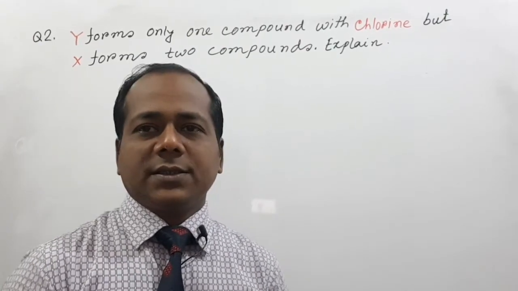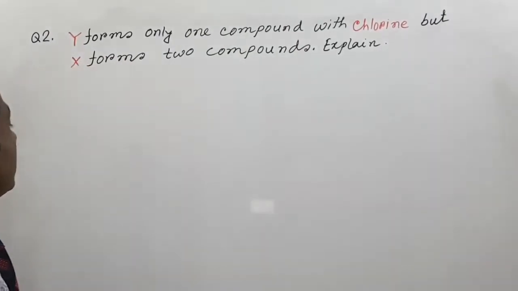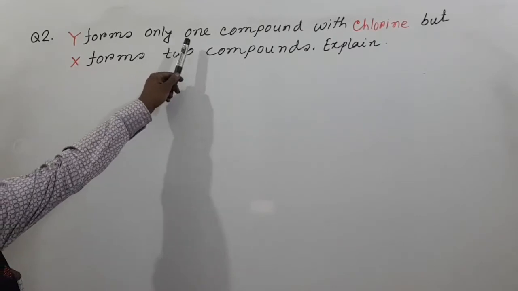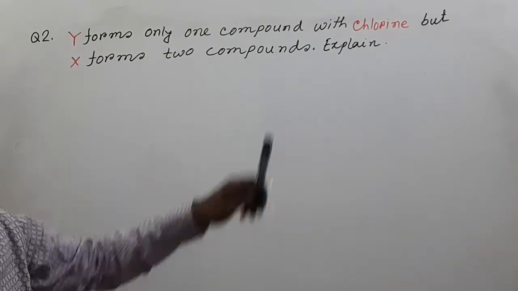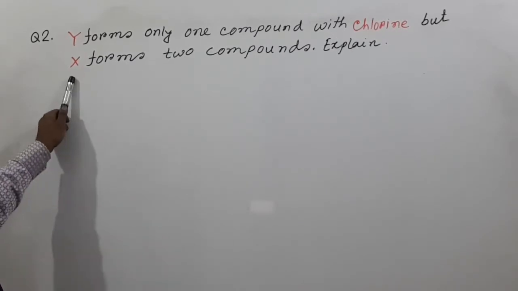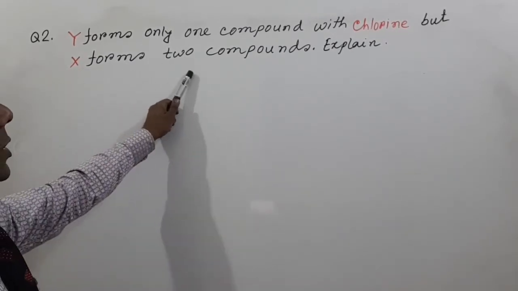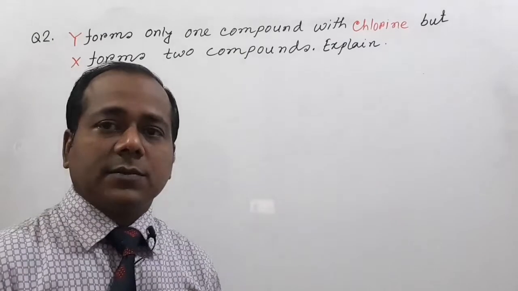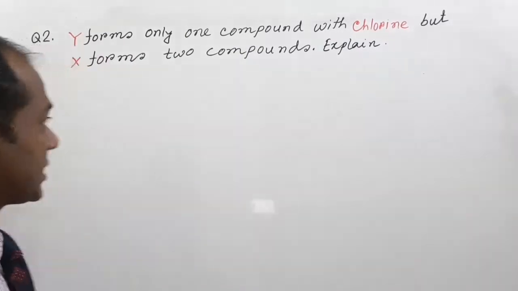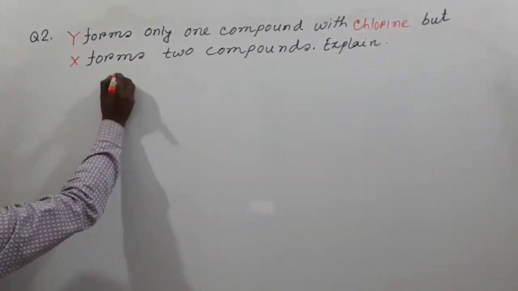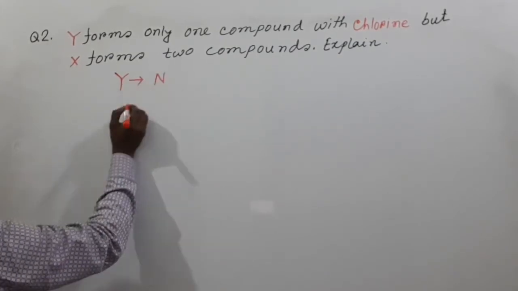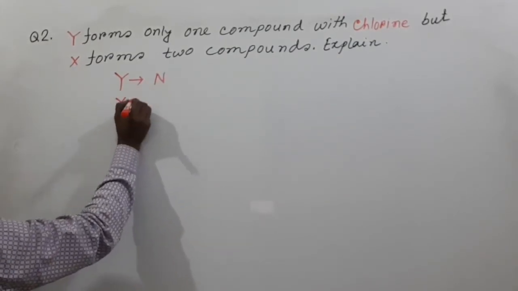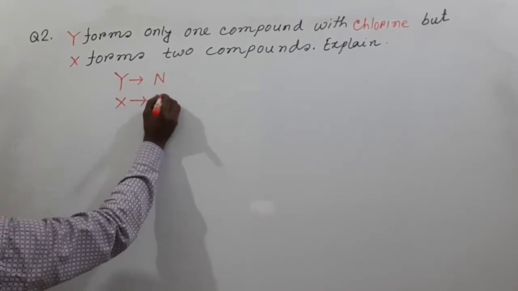My dear students, this is our next question. Y forms one compound with chlorine, but X forms two compounds. Explain. My dear students, according to the stem, we can say that Y represents nitrogen and X represents phosphorus.